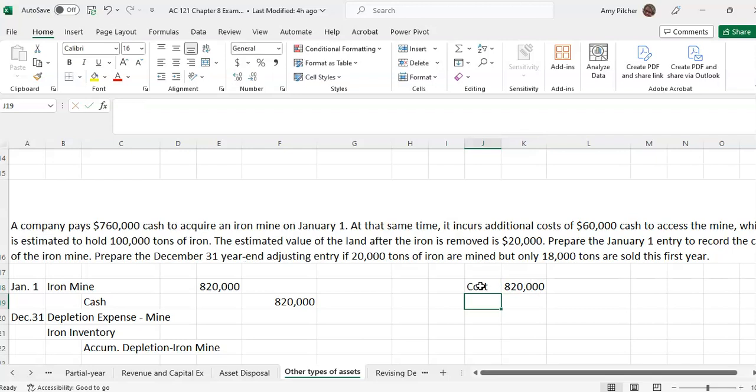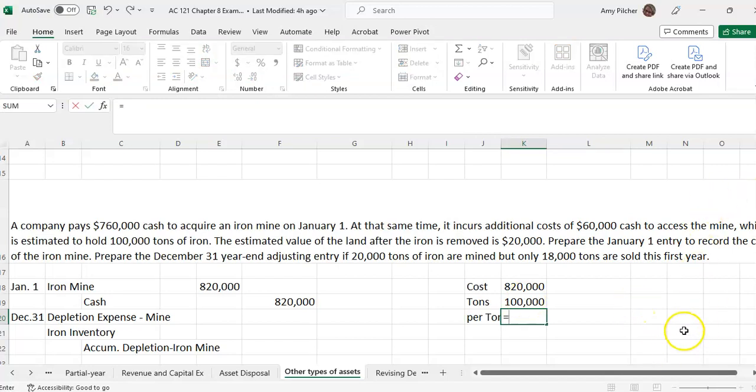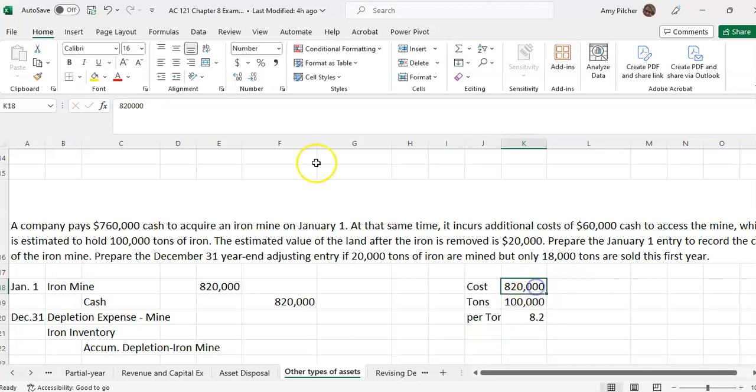820,000. Then we have tons, 100,000. So the per ton, oh, salvage value. So the cost minus salvage value is 800,000. So we get $8 per ton.